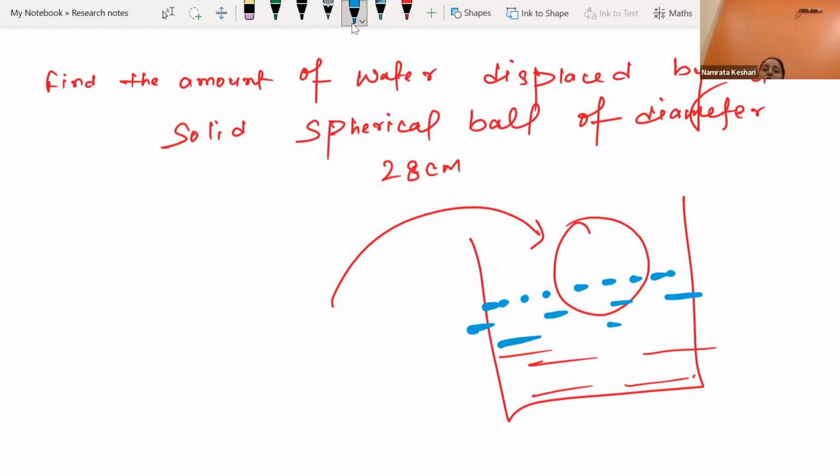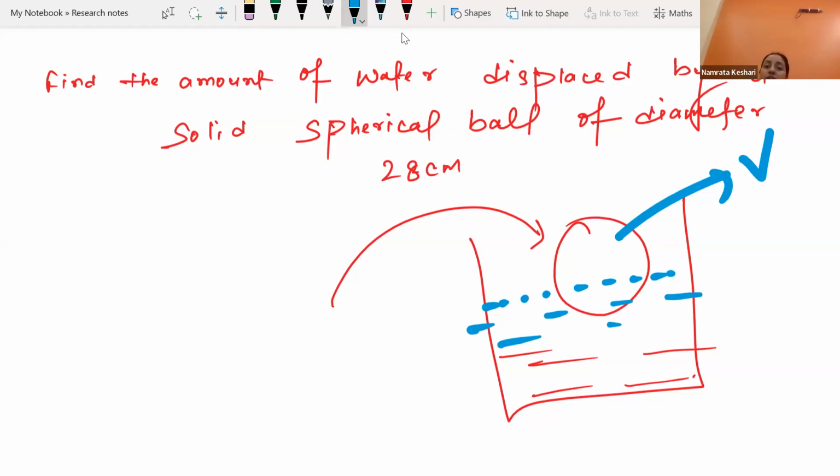Why does it happen? Due to the volume of this object. How much water level will come up? According to the volume of the sphere. Whatever the volume of the sphere will be, that much water level will come up.